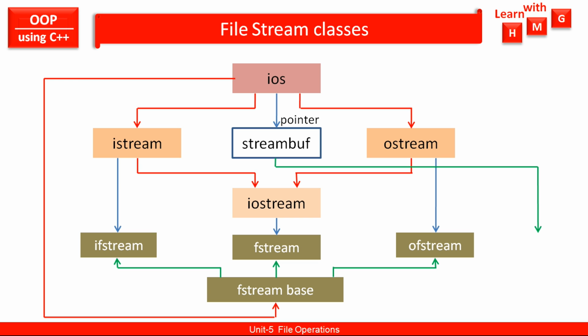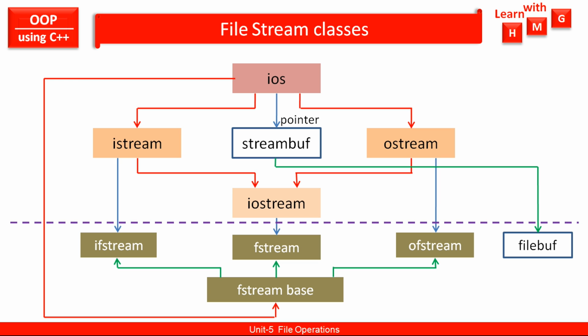Now this stream buff is extended further to generate one more object, that is the file buffer. So these classes are partitioned into two systems. The classes above this dotted line are included in the IOStream file, that is the iOS class, iStream class, OStream class and IOStream class. The classes below this dotted line, that is ifstream, fstream, ofstream, fstream base and file buffer, are defined in another file named the fstream file.